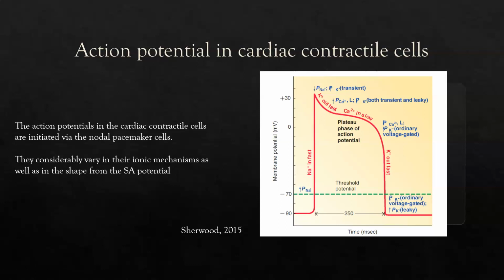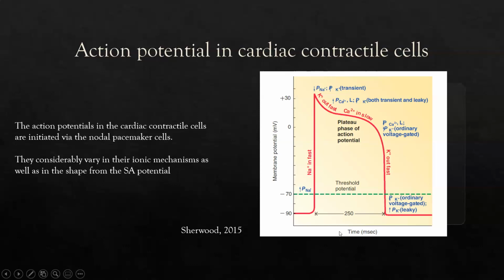Further, this image specifically is the action potential in the cardiac contractile cells. The action potential in these cells differs considerably from the action potential in cardiac autorhythmic cells. The rapid rising phase, which we see here from this sodium, and then we see how fast it rises. Again, this is milliseconds this time here.